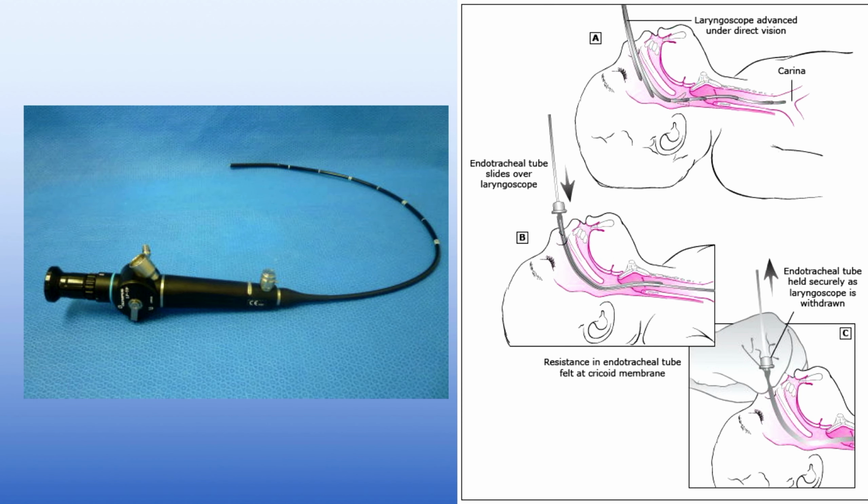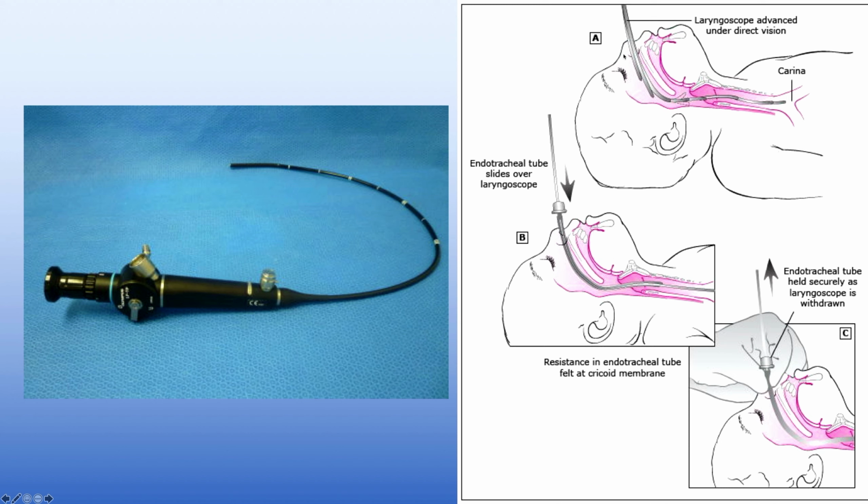Now, if we can't see anything with the laryngoscope, we have special fiber optic gizmos that we can use to see around the corner. This is a fiber optic bronchoscope. One looks through this end and you can see out this end, and there's a light that illuminates the path. On the right side, I'm depicting putting a bronchoscope down that has an endotracheal tube on top of it.